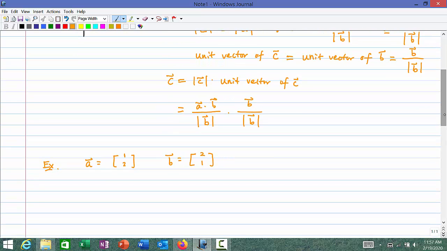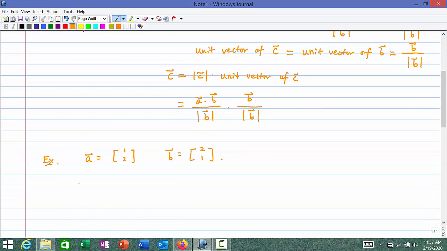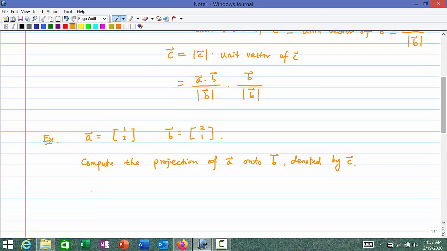Let's compute the projection of A onto B, which I denote by the vector C. As mentioned before, the C vector is given by A dot B divided by the B magnitude, times B divided by the B magnitude, which is the length of B.